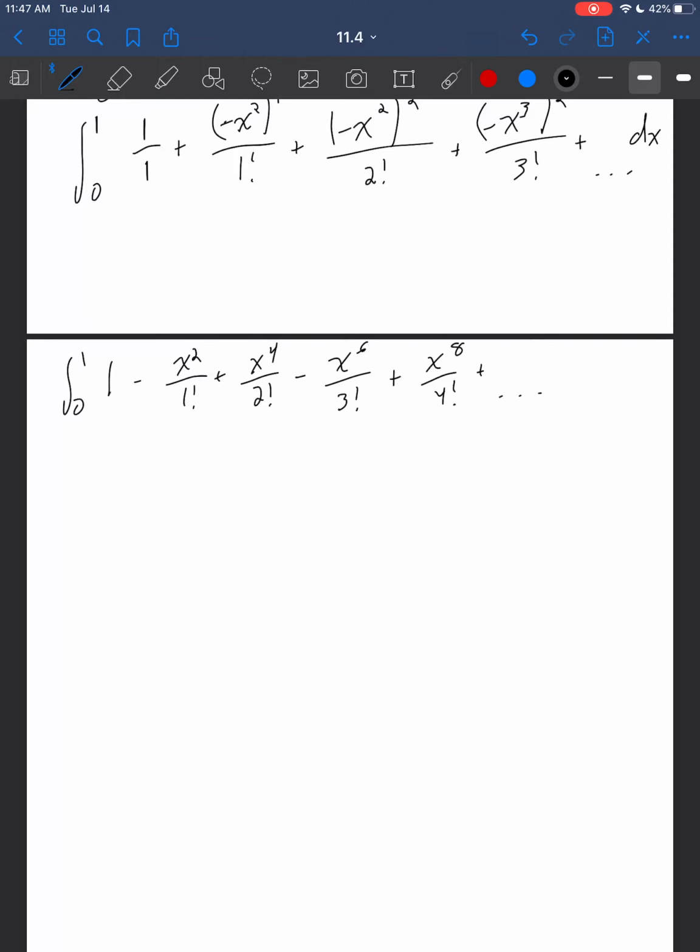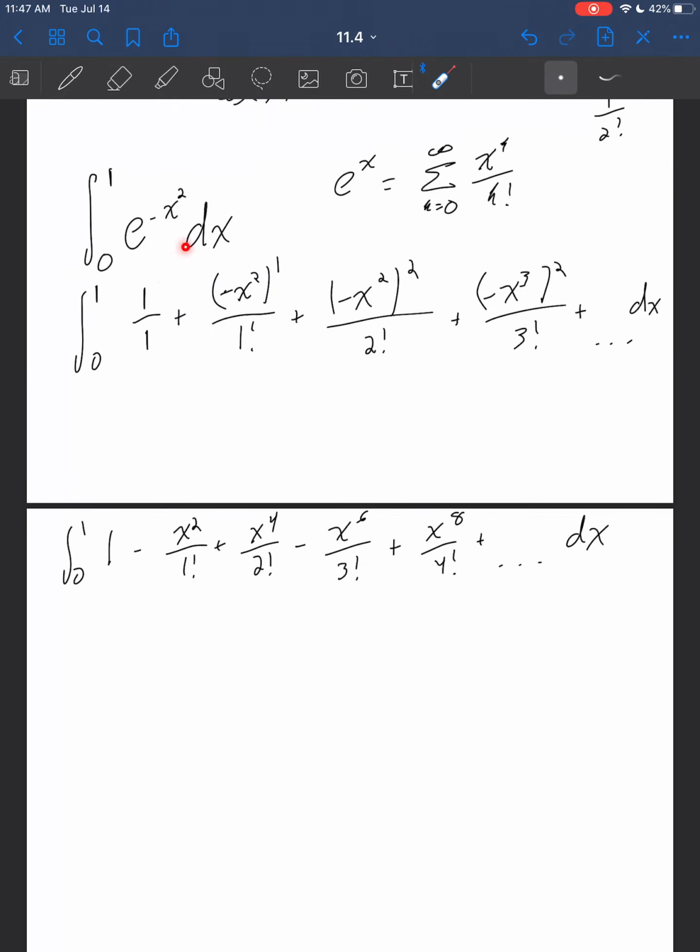So now if we take an integral of this, rather than taking the integral of something we have no idea how to integrate, we can take the integral of each of these individual pieces.